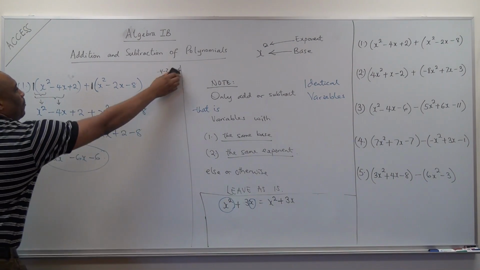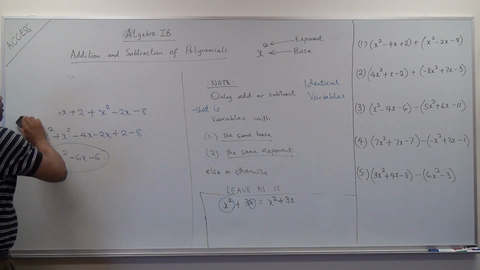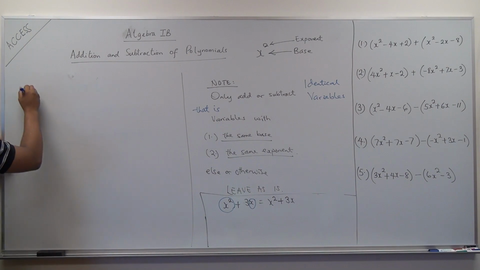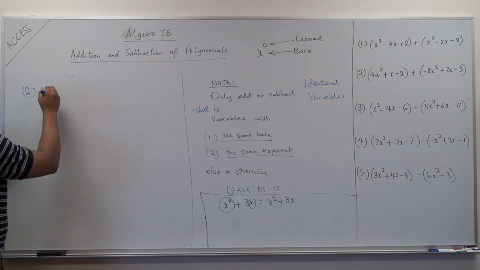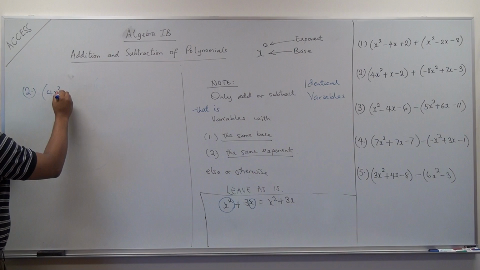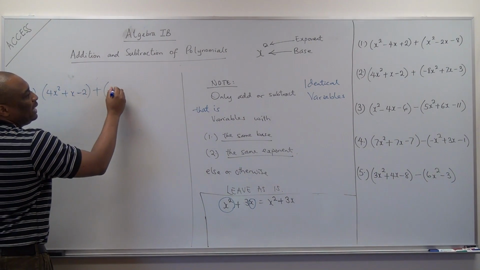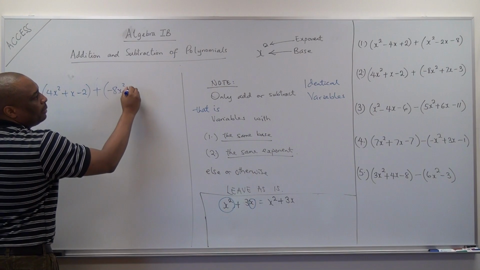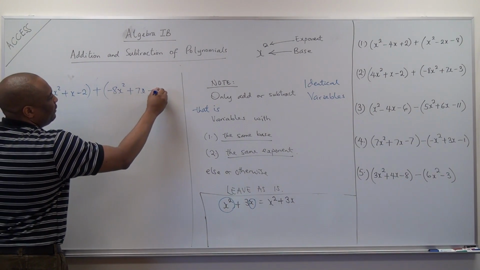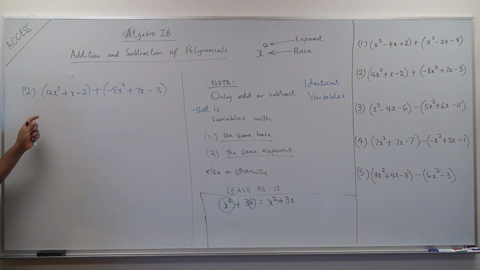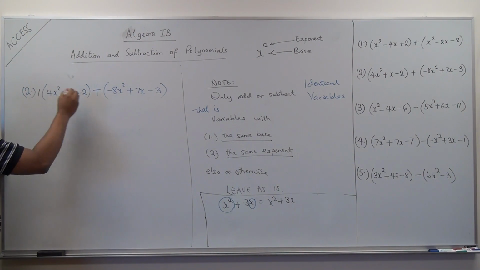Okay, number 2. Number 2, you have 4x squared plus x minus 2 plus -8x squared plus 7x minus 3. So the same thing here. This is like 1 here, 1 here.